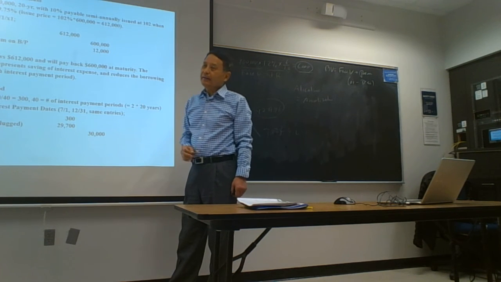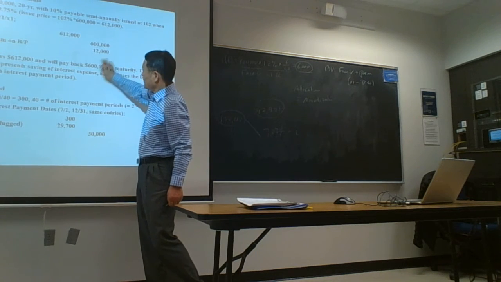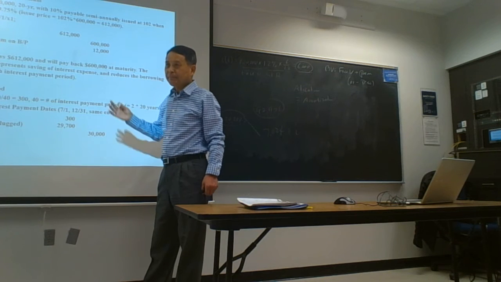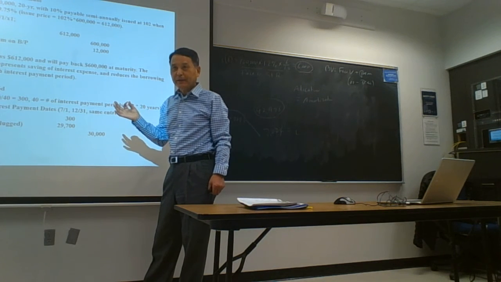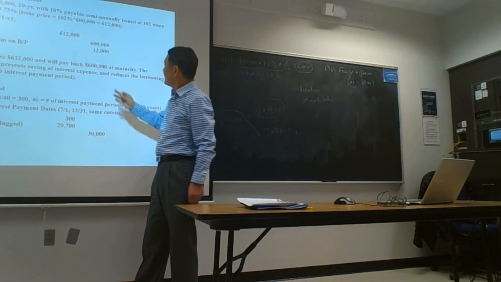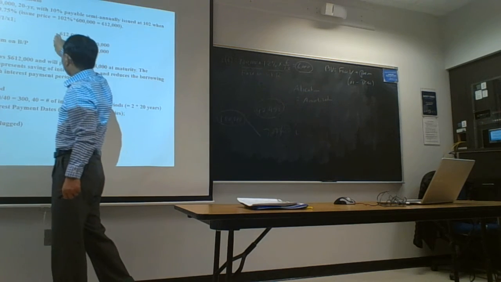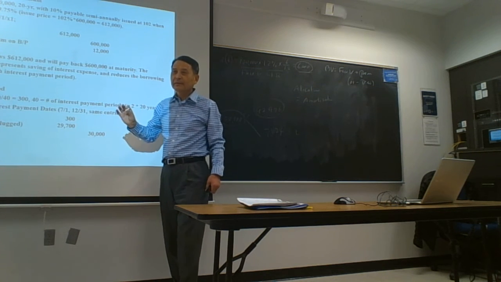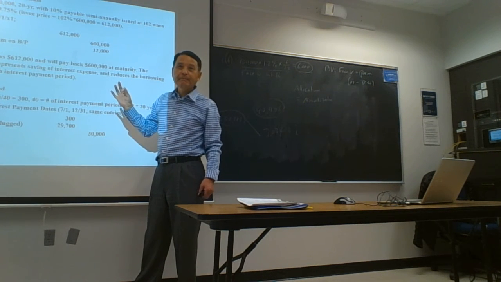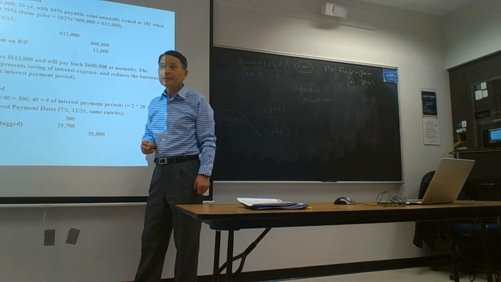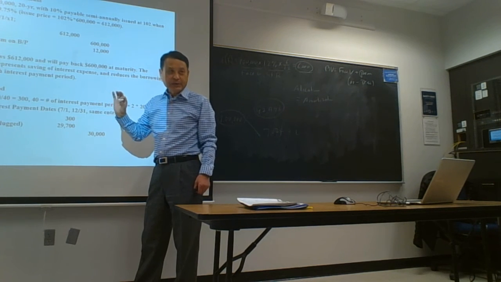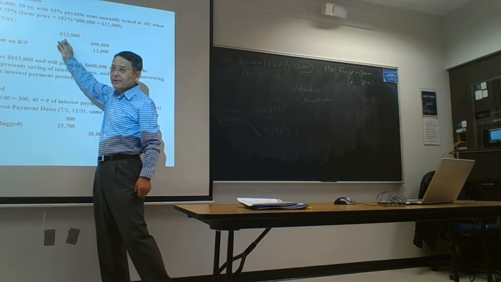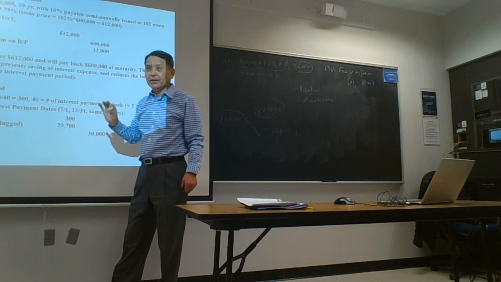And this premium is a situation where the bond issuing company borrows $612,000 cash from bond investors and pays back how much at maturity? $600,000, right? The company borrows more than $600,000 and pays back $600,000.